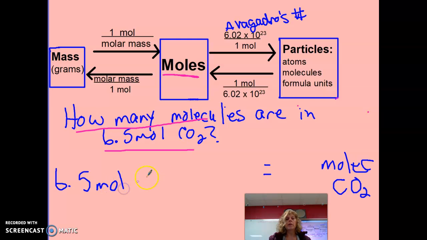Remember, this is like a whole number over 1, so that goes on top. I'm going from moles to particles. I want 6.02, and I want 1 mole on the bottom because I want that to cancel out.